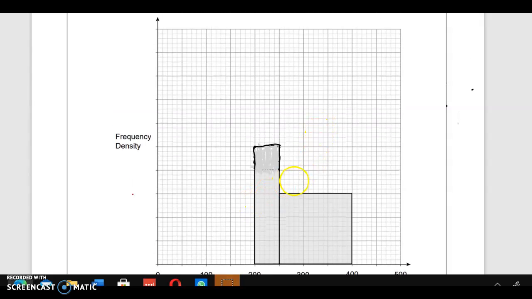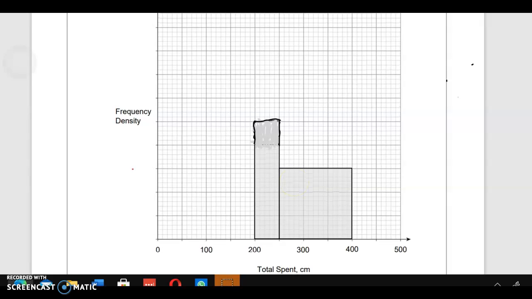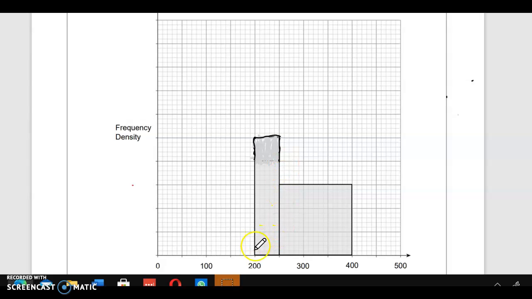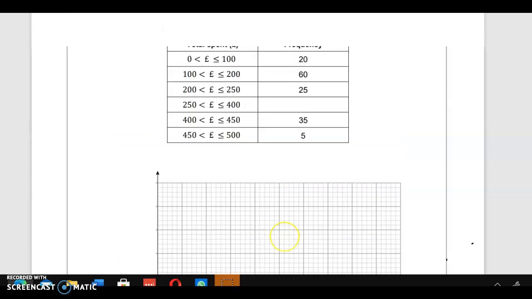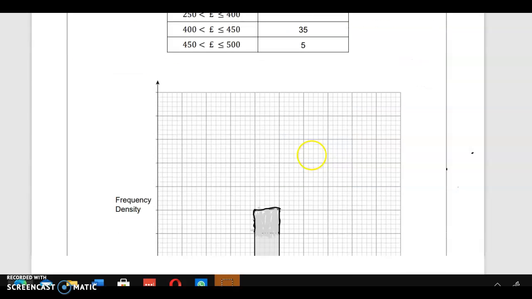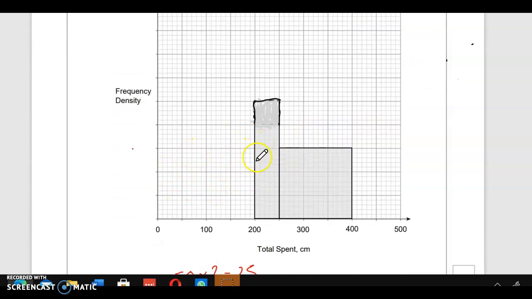All right, so here we have our widths, okay? So I know from the table up here that the third bar has a frequency of 25. So we know that this bar, the area, is equal to 25. Well, we know that this is 50 across the bottom here, okay?